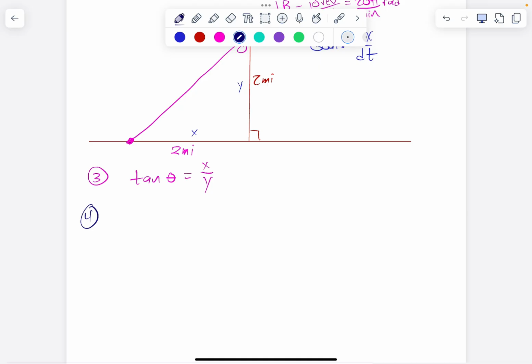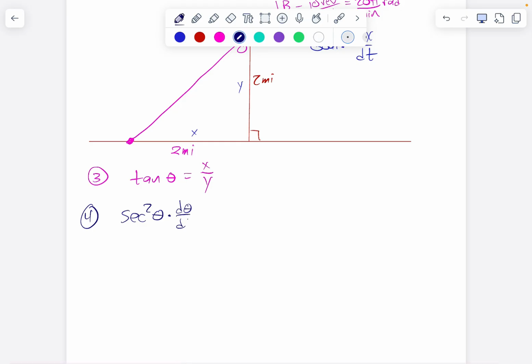So what's the derivative of tangent of theta with respect to time? Secant squared theta. Is that all? Because this is just the derivative of tangent, right? Now we have to do the inside, which is the derivative of theta.